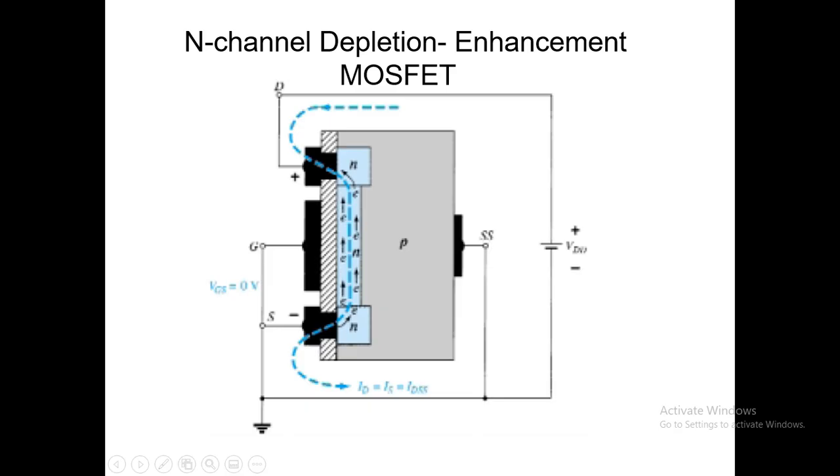The current will flow and the electrons will flow in the opposite direction. This is the conventional current flow direction, and the electrons flow opposite to that of the current. So when the gate voltage VG is equal to 0, there will be some conduction and the current will flow from drain to source.